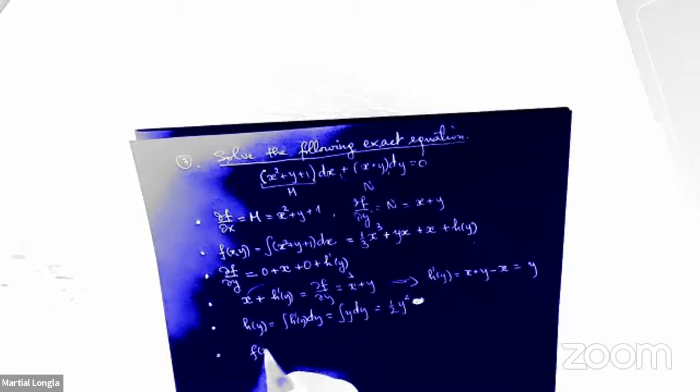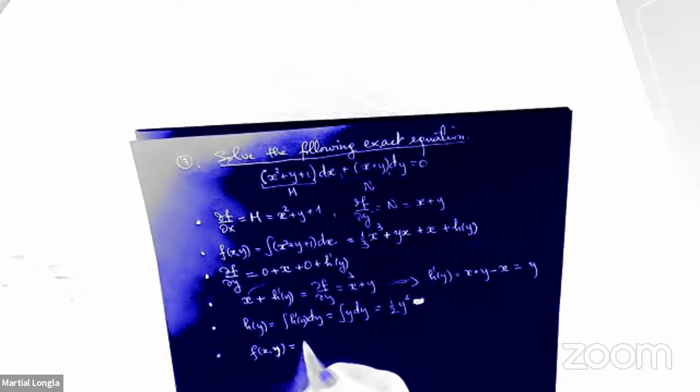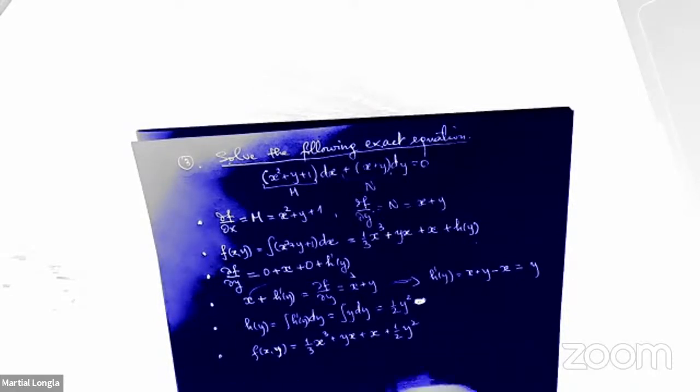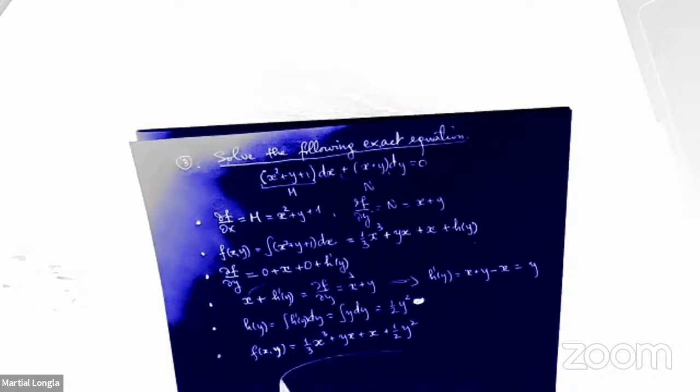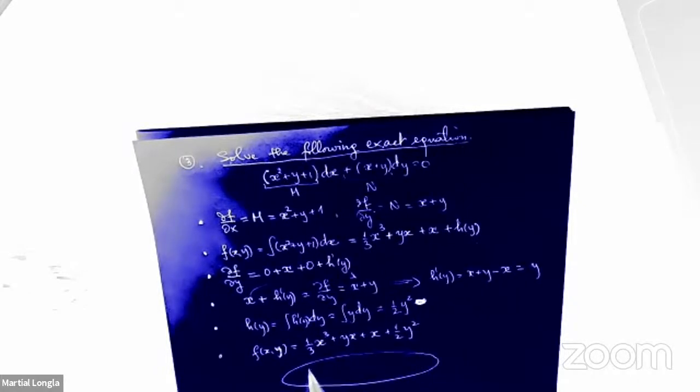So f of x, y equals 1/3 x cubed plus yx plus x plus 1/2 y squared. For the last step of the solution, set this equal to c: 1/3 x cubed plus xy, which is yx, plus 1/2 y squared equals a constant. That's the final answer.